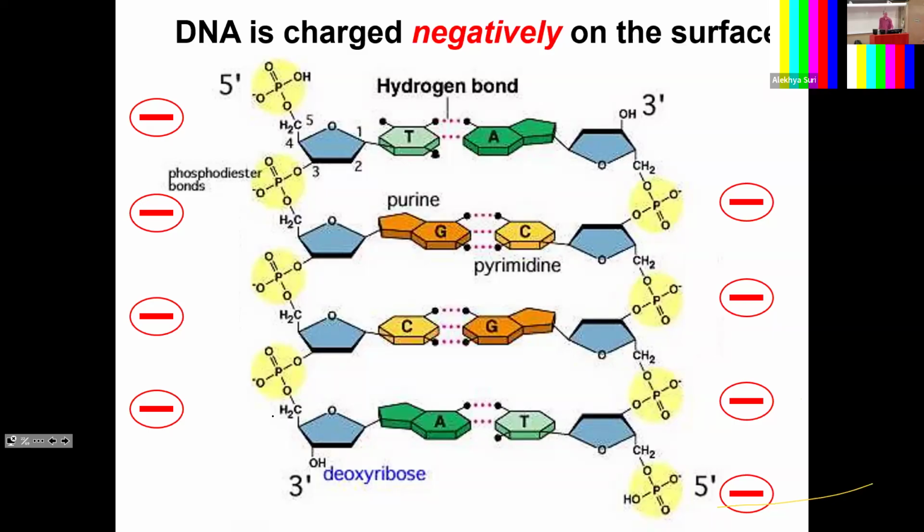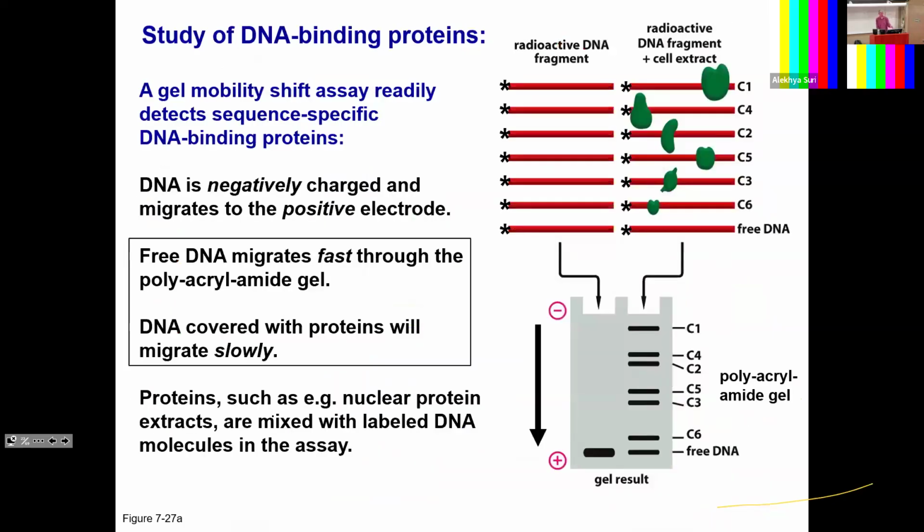This is more hydrophobic in the center, but on the surface you can see the phosphate groups, and that's negatively charged. So DNA is negatively charged and migrates to the positive electrode.